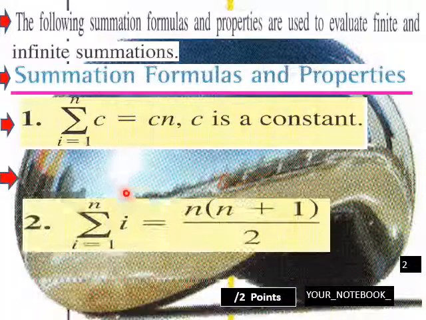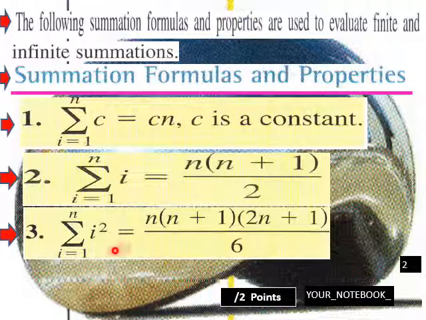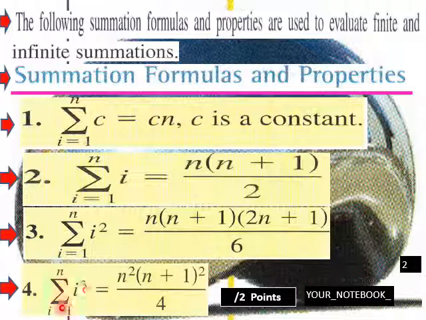Property 2: the summation of i from 1 to n becomes n times the quantity n plus 1 over 2. Property 3: the summation of i squared equals n times n plus 1 times 2n plus 1 over 6. Property 4: the summation of i cubed is n squared times the quantity n plus 1 squared over 4.